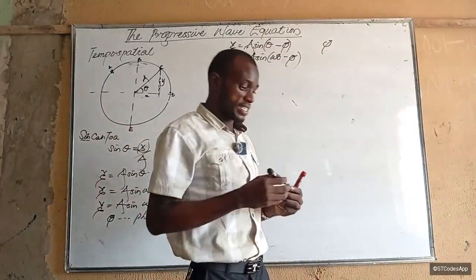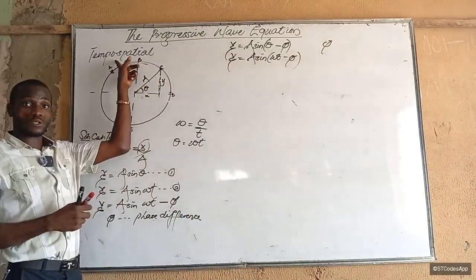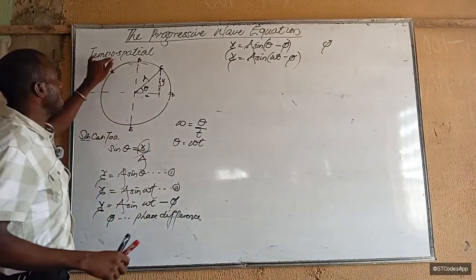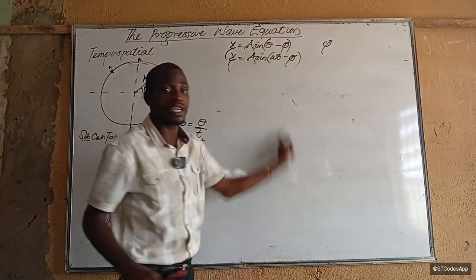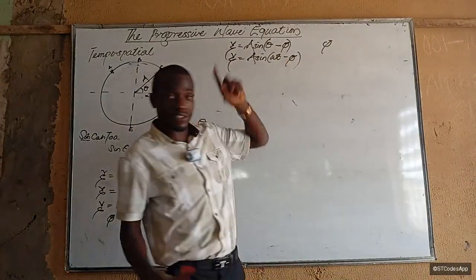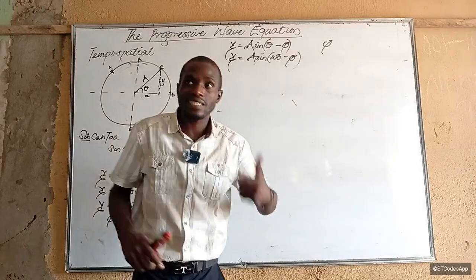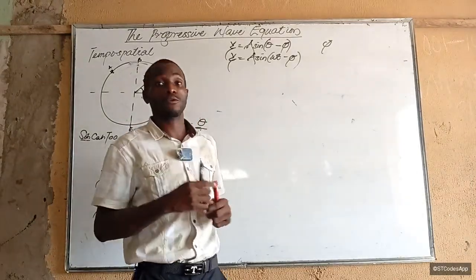And I told you that the wave is tempospatial. It's described in terms of time and space. This part of the equation describes it in terms of time. This part describes it in terms of space. Let me prove that to you.